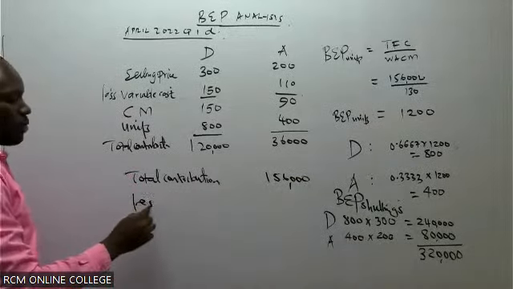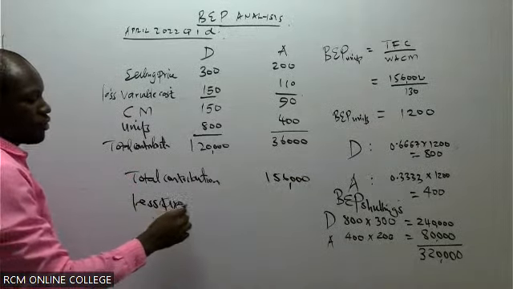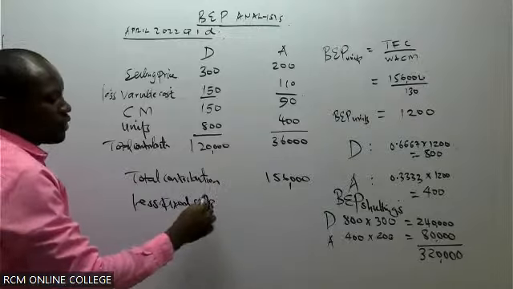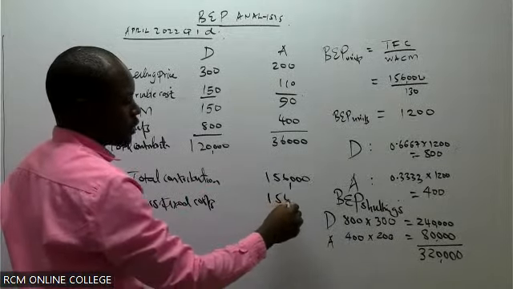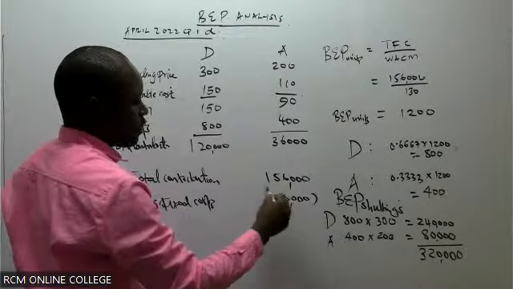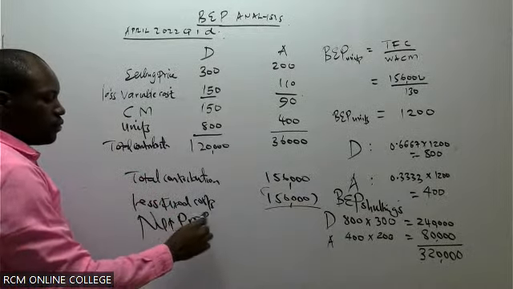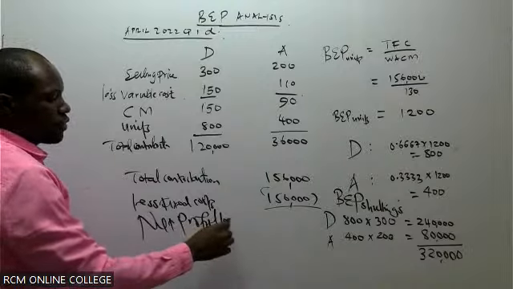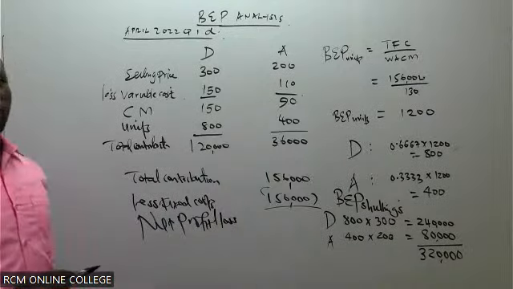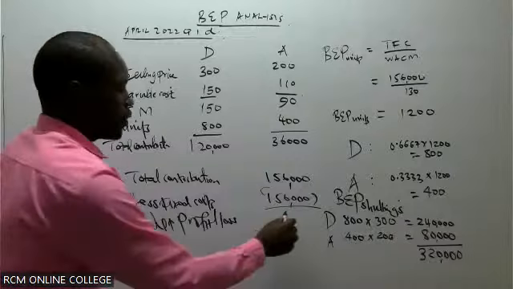Then you less fixed costs. So the fixed costs given here, we have 156,000. Go ahead and give us the difference. What is your net profit or loss? Net profit or loss. We're having a figure of 0.